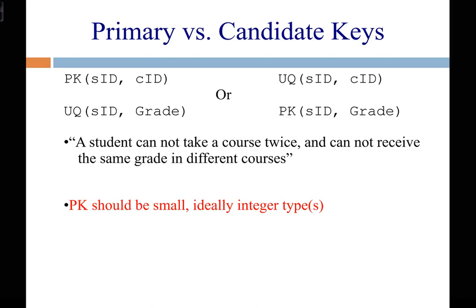So being small is important to reduce duplication, and being an int versus a big string is important for fast comparisons. Are candidate keys actually used? Are they actually keys? Yes.